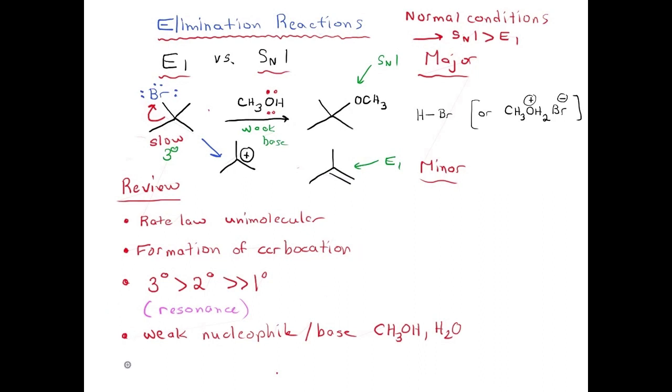Now, however, there is a variable which can play a role in favoring the elimination reaction. Elimination reactions are favored more by heat, and maybe I will make a little diagram here.